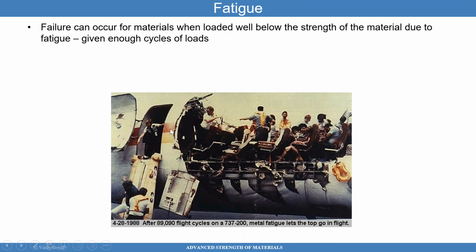When I land, the pressure in the skin is 0. But when I take off, it goes up again. And so, because Southwest Airlines has a lot of takeoffs and landings in a particular day, the accumulated amount will be such that fatigue could initiate a crack, and then due to cyclic loading, it could propagate to failure.